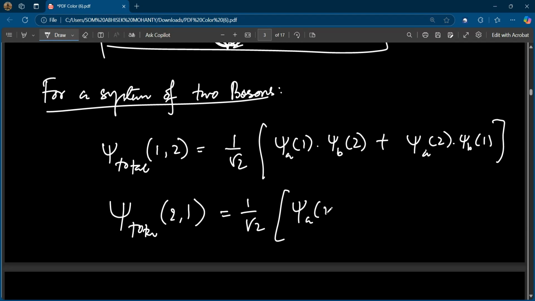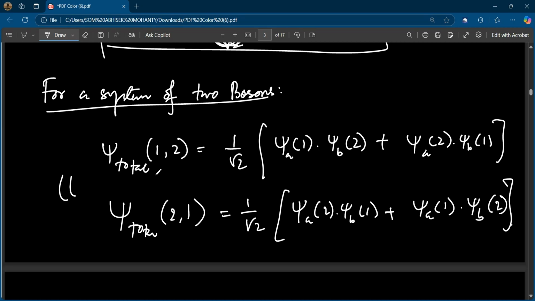So these are equal to each other, and this is a symmetric wave function in the case of two bosons.